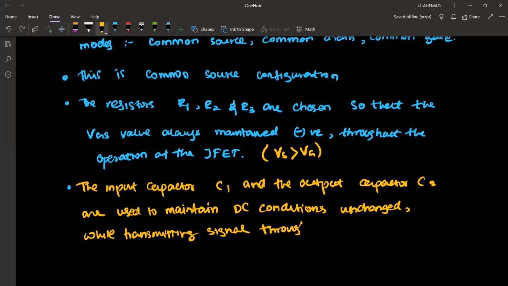In short, what it says is it blocks DC current and it allows AC current through them.